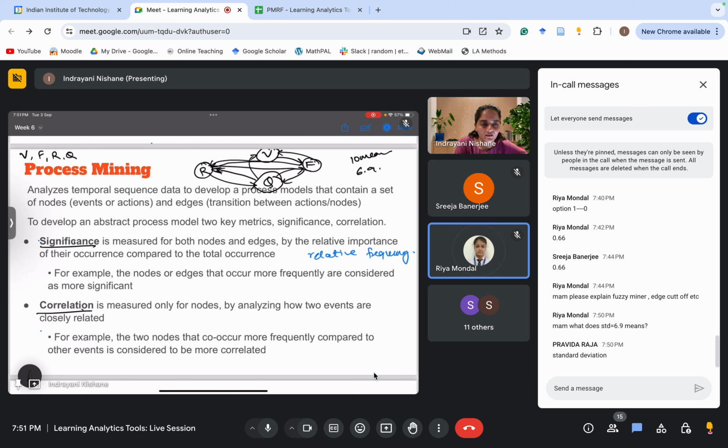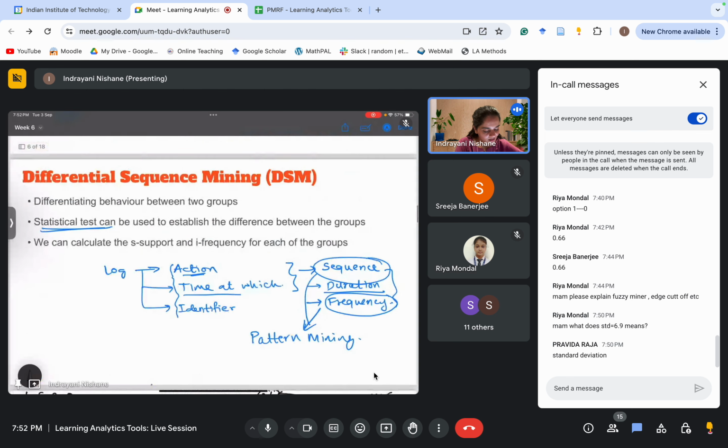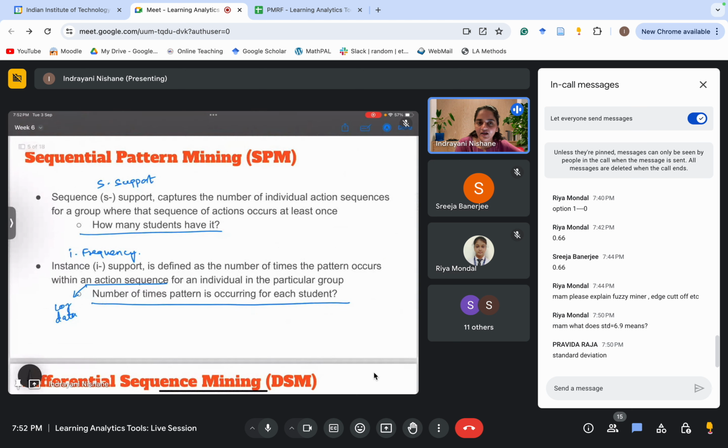Yes, ma'am. So these calculations are all simple. I have even given you a trick on how to remember S support and I frequency.